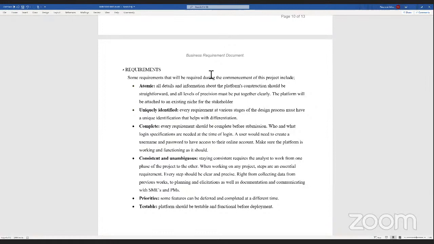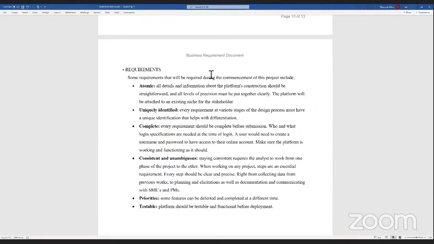So staying consistent requires the analyst to work from one phase of the project to the other. When working on any project, steps are an essential requirement. Every step should be clear, right from collecting data from previous works to planning and dissertations, as well as documenting and communicating with SMEs and PMs.